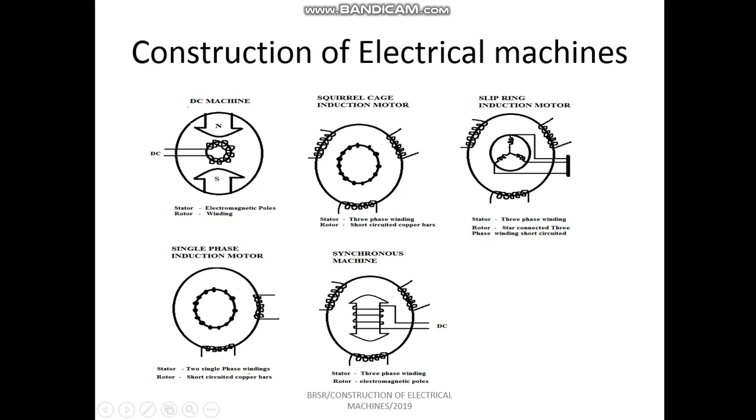And if you go into the single-phase induction motor, this again is an induction motor, but it should have only one phase in its stator. But if it has only one phase in the stator, it may not be able to generate a rotating magnetic field, which is the base for the rotation in the case of a squirrel cage or slip ring induction motor.